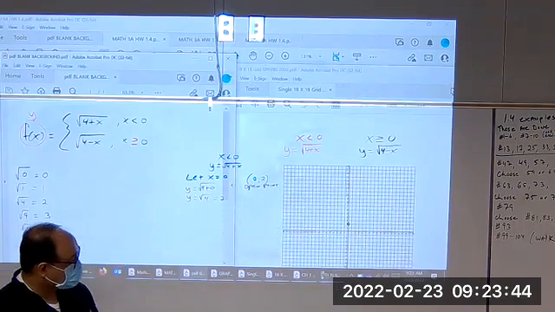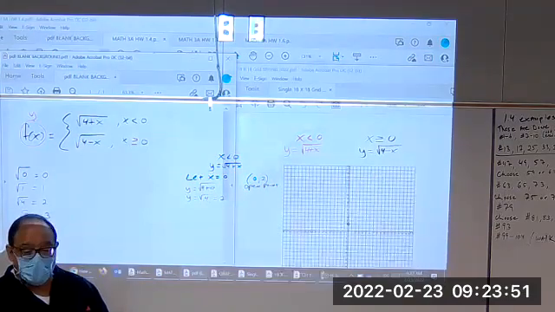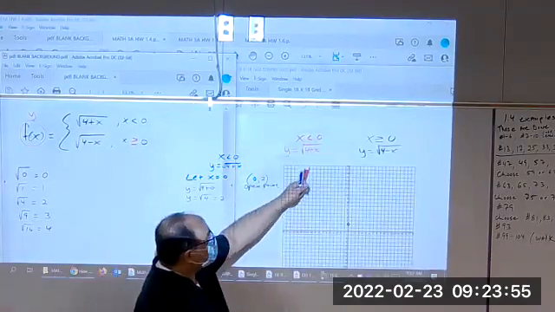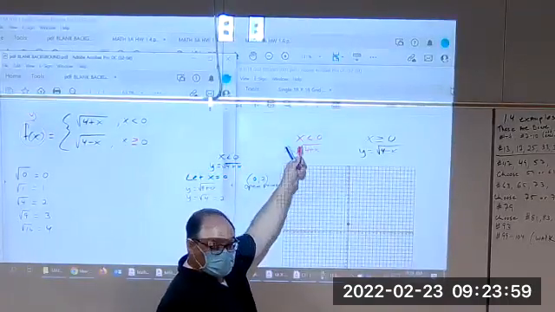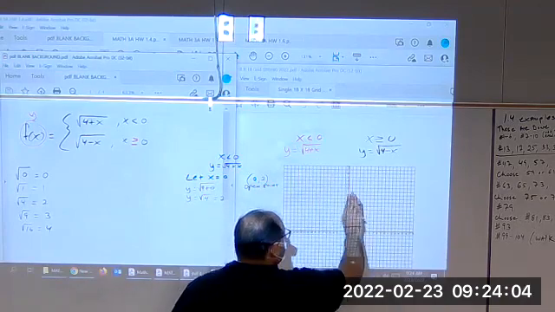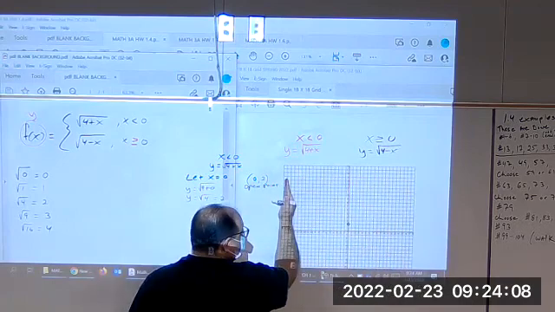Now, like any good neighbors, you have to stay in your own yard. This first piece only gets to use its domain, x's that are less than 0. So this first piece cannot go into this person's yard. They have to stay over here.